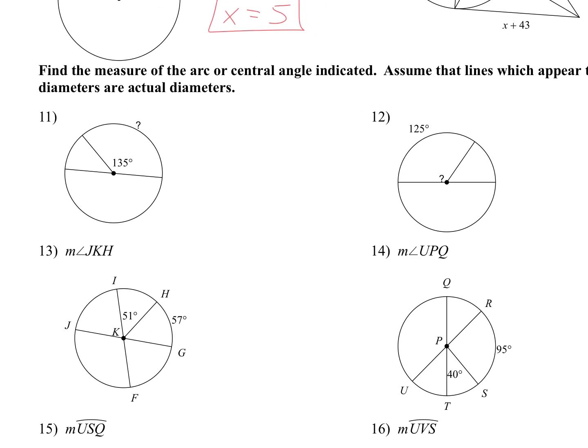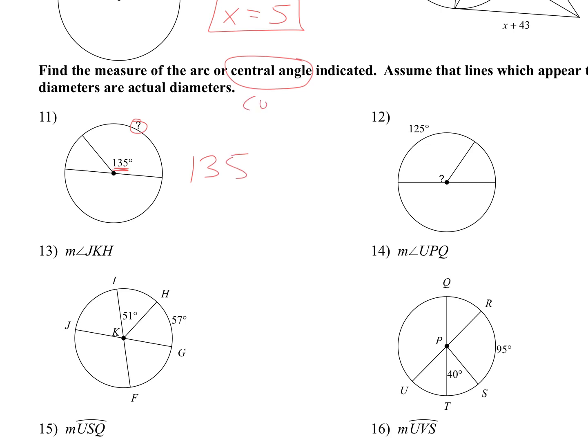Okay, directions tell us what kind of angles are these. They are central angles. Well, think back on your quiz. What are central angles? What do we know about them? They're the same as their arc measures. Okay, so if this central angle right here is 135, what is its arc measure? 135.